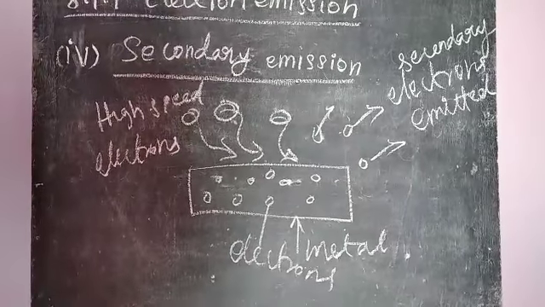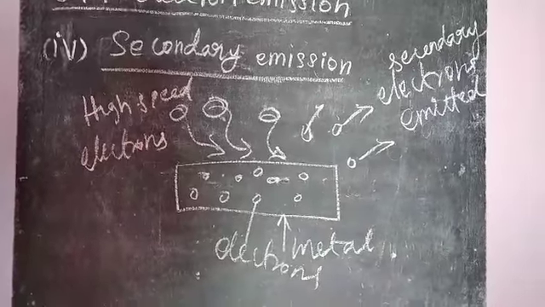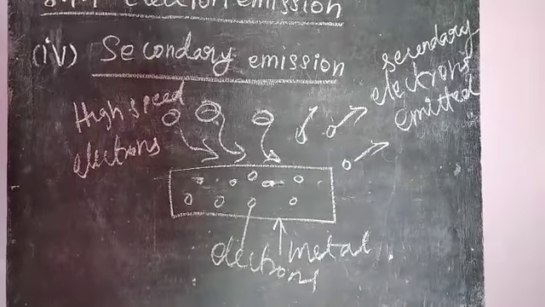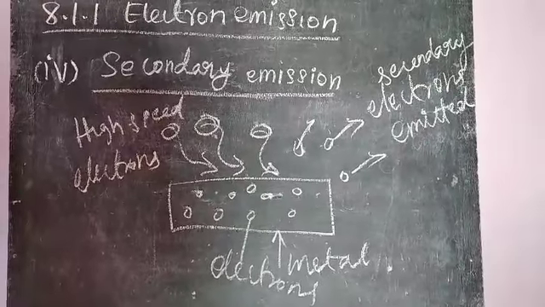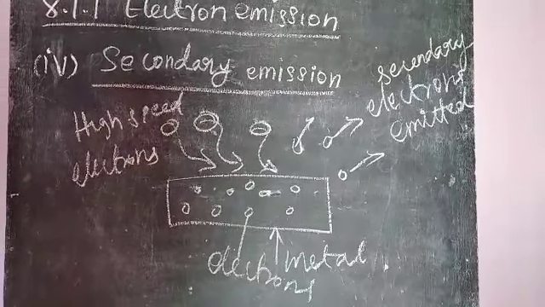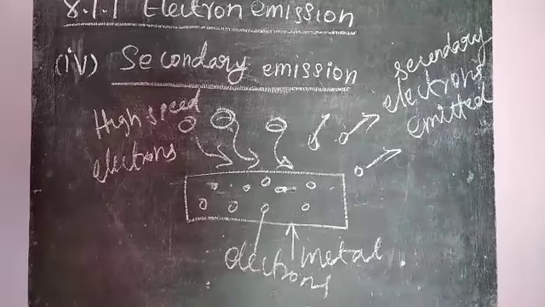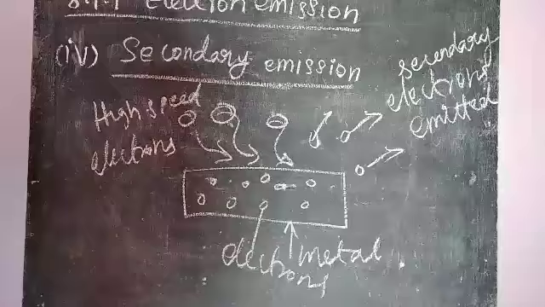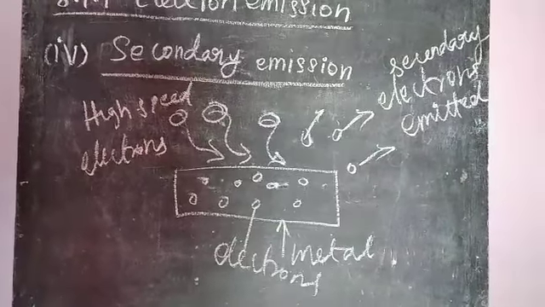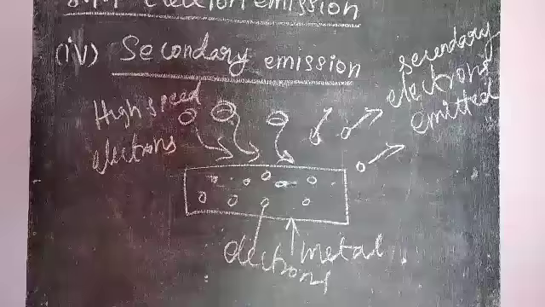Then the fourth type of electron emission is secondary emission. Electrons are emitted from the hot filament coil. I already told you in the first type, thermionic emission, the coil is heated with the help of a battery.